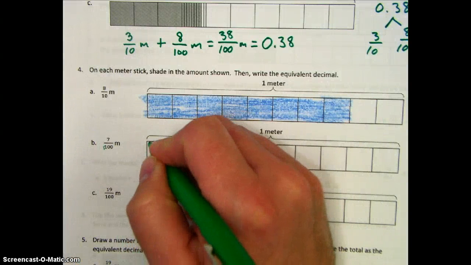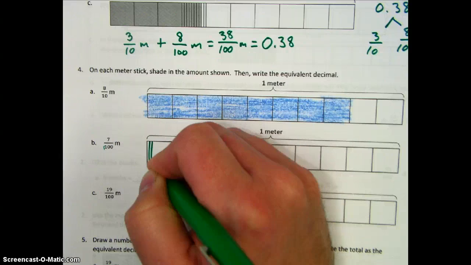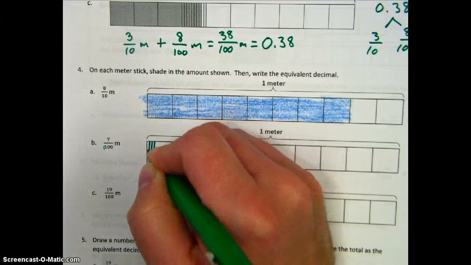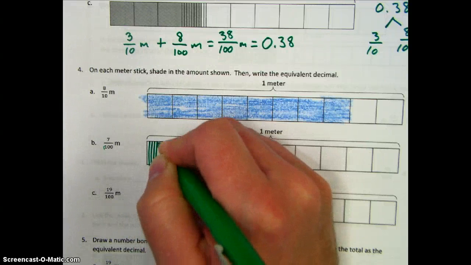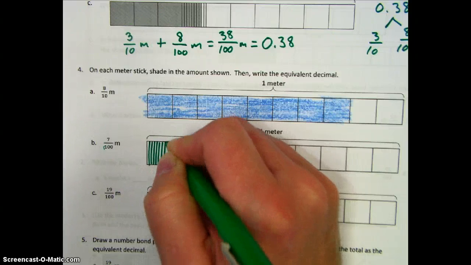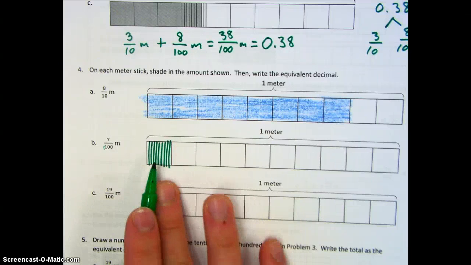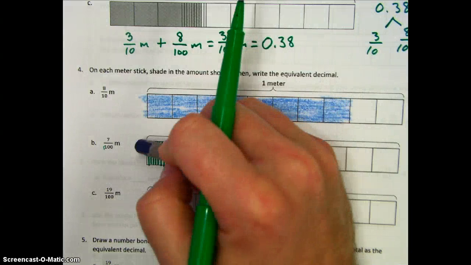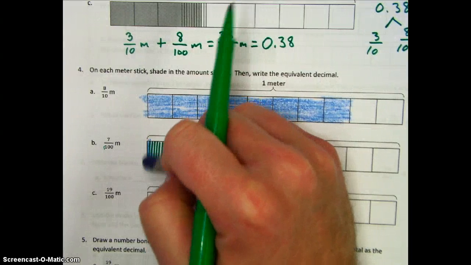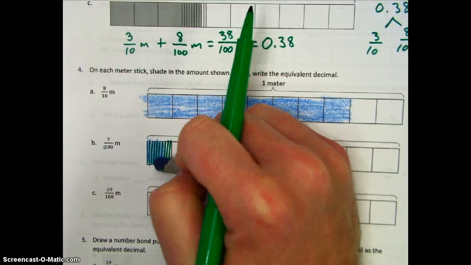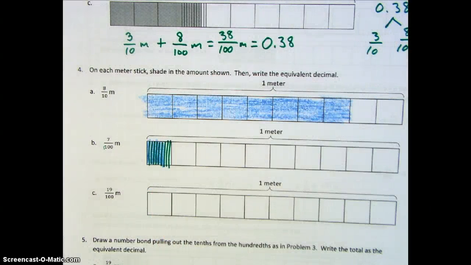So I'm going to draw sections here to create our 10 smaller sections, and then using our crayon or our pencil, we can lightly shade in 7 of them.